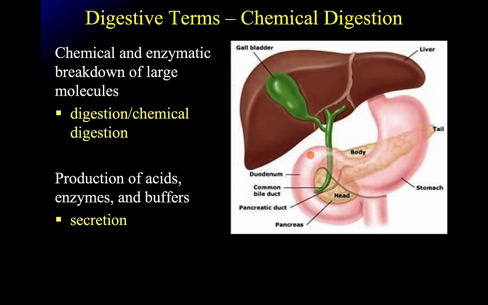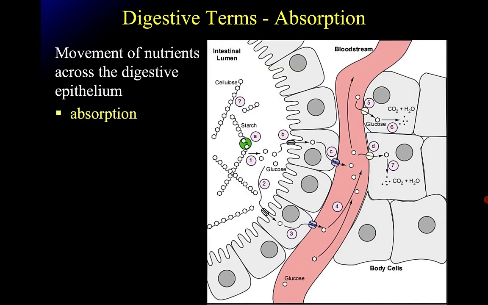Now, the bile itself is going to be involved primarily in emulsification, which is going to help to allow the fats in there to mix up with water, and the pancreas is largely going to be involved in the secretion, the production of enzymes, which it sends through this large duct that it has here into that small intestine. So secretion is going to be the production of acids in areas like the stomach, and enzymes and buffers in areas like the pancreas, so that we can do this chemical digestion process.